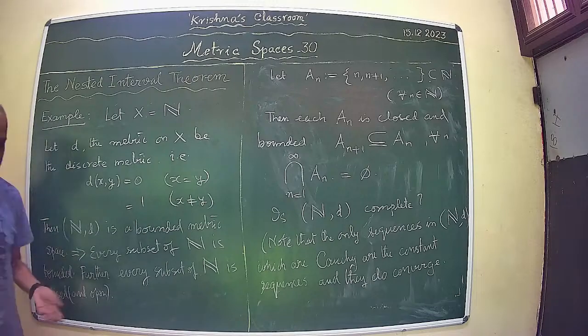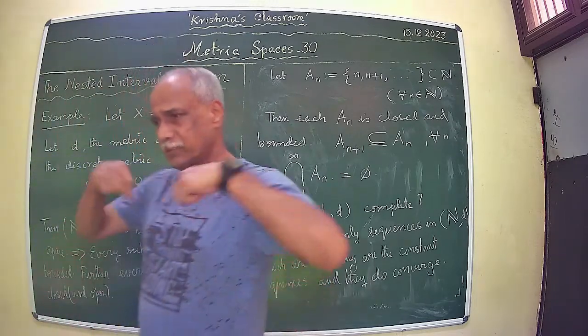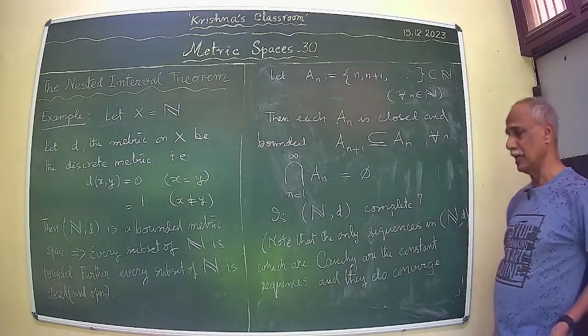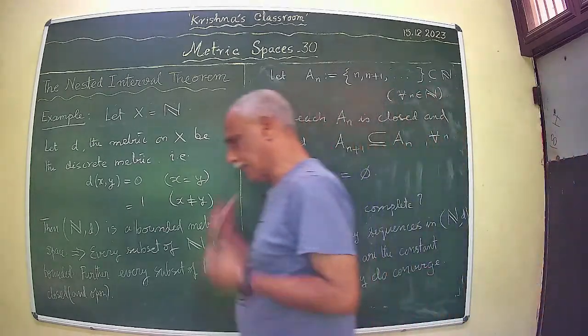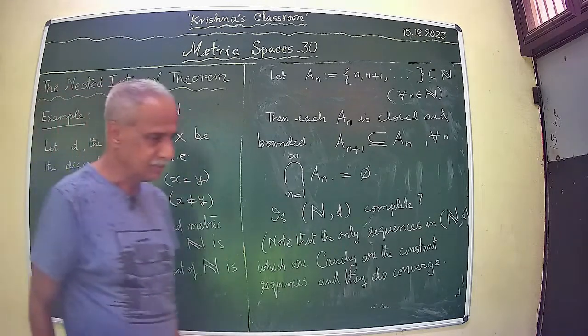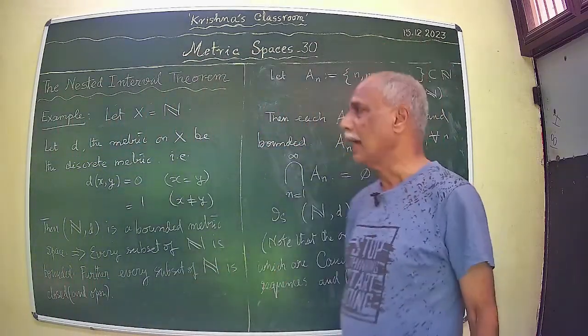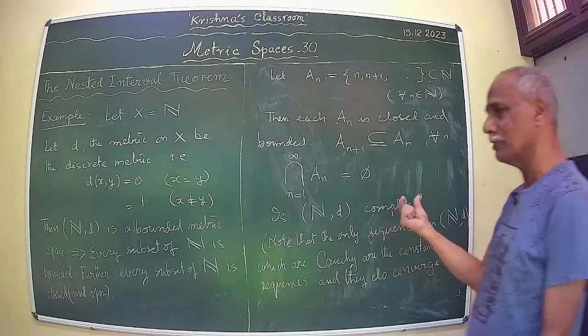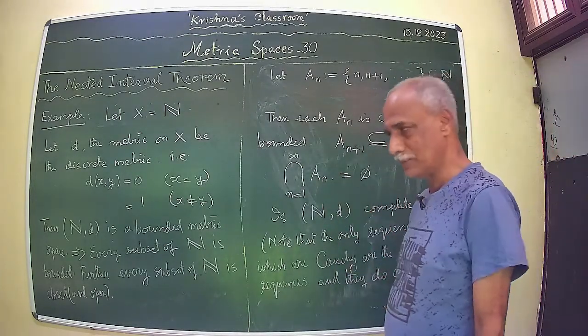In this case the maximum distance that you can have is 1, and the problem is that this maximum distance never goes to 0, it remains 1.